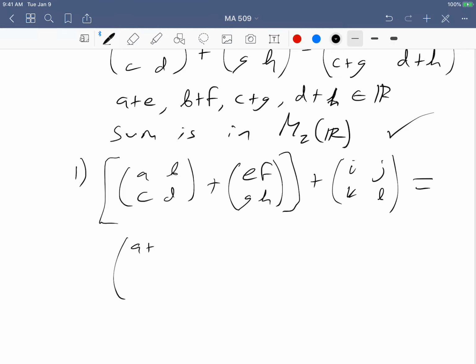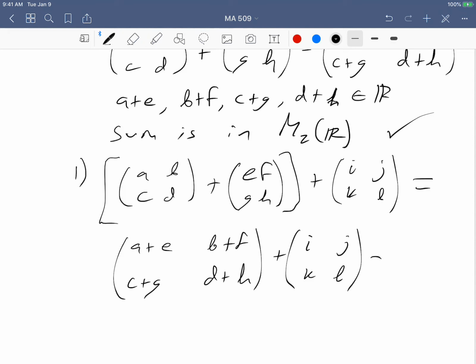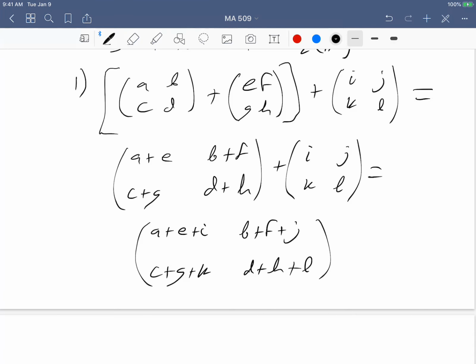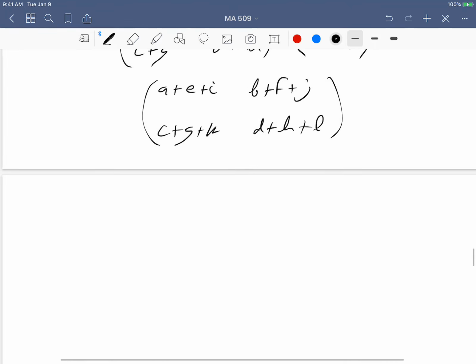So we get this thing we had above, A plus E, B plus F, C plus G, D plus H. And we're adding to that this I, J, K, L. And so total, we get this big sum, A plus E plus I, B plus F plus J. And that's our sum of the 3 matrices in that order.